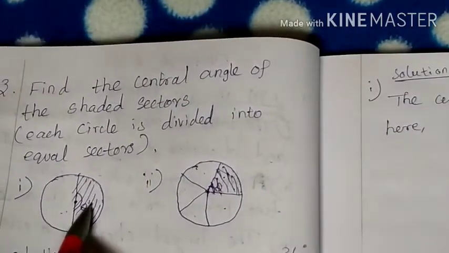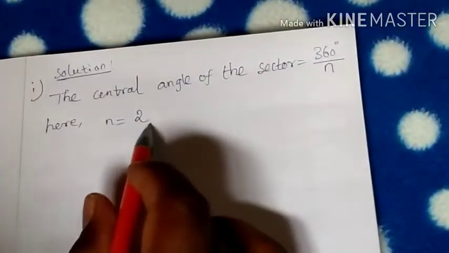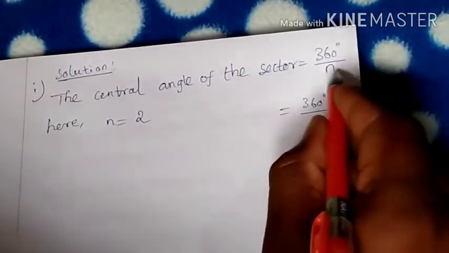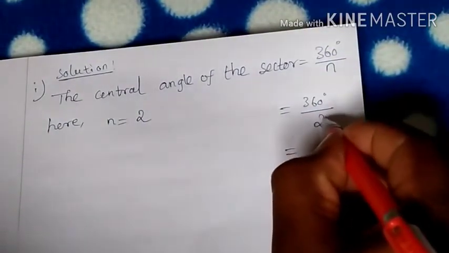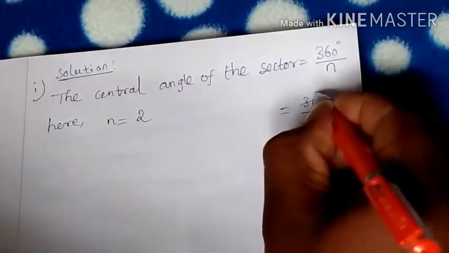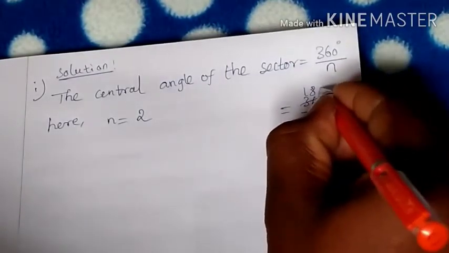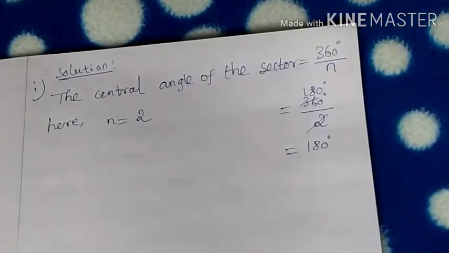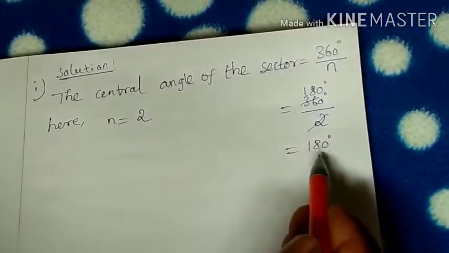So this is 1, this is 1. So only one shaded region. So n is equal to 2. So here 360 degree divided by n is replaced by 2. You get divided by 2. 1 2s are 2. 18 2s are 36. Then 0. Okay, 180 degree is the answer. The central angle of the given sector is 180 degree.